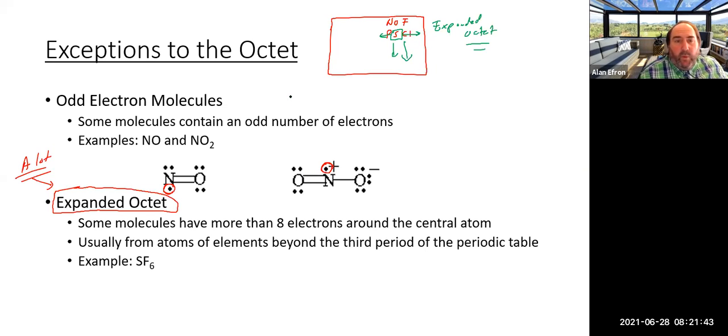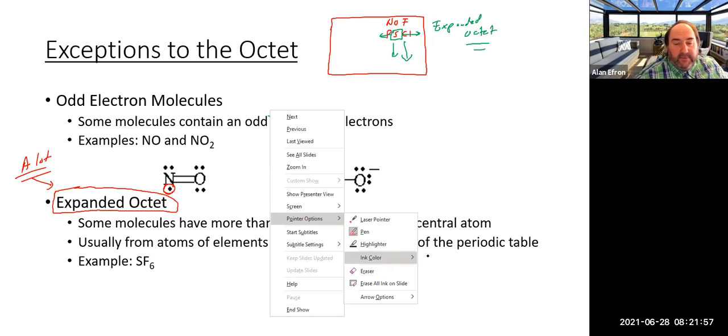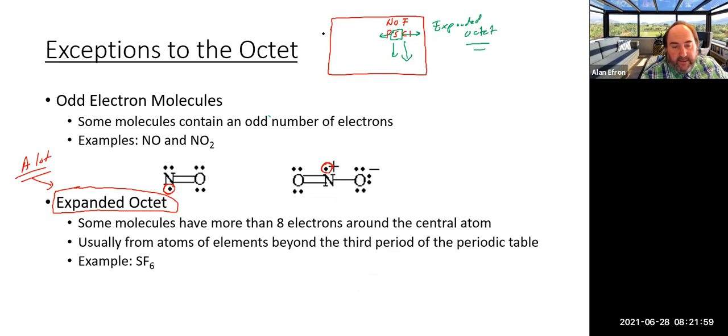You may be wondering, why does right at sulfur have the ability to do that expanded octet? The reason has to do with some of the stuff that we talked about previously, and that is that sulfur right here is in period 3 of the periodic table. Period 3 means it is the n equals 3 level, and that is where we first start to see d orbitals available. Remember that d orbitals start on the 3rd energy level.